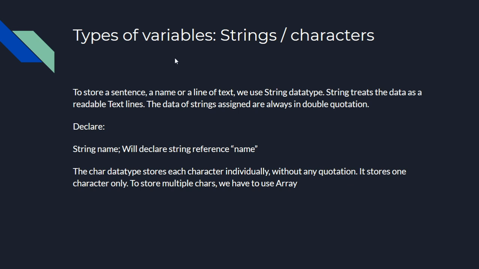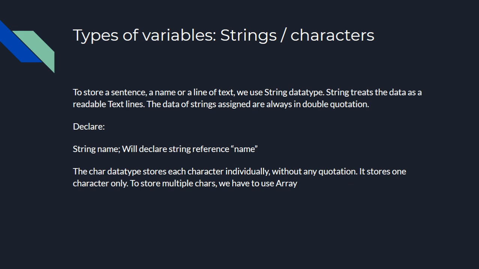Okay. To declare a string variable, we will say string and the identifier name. Always remember to give this semicolon. Without this semicolon, the program will return an error. There is also one data type that stores characters.